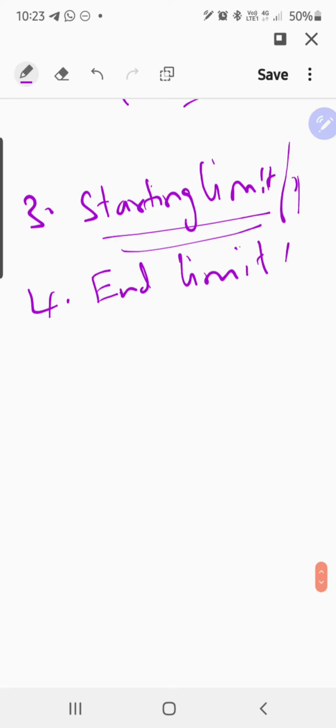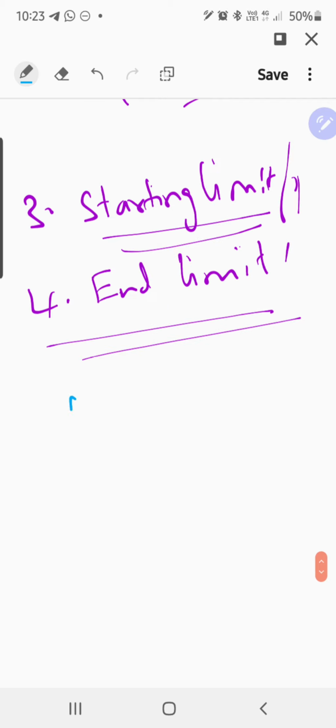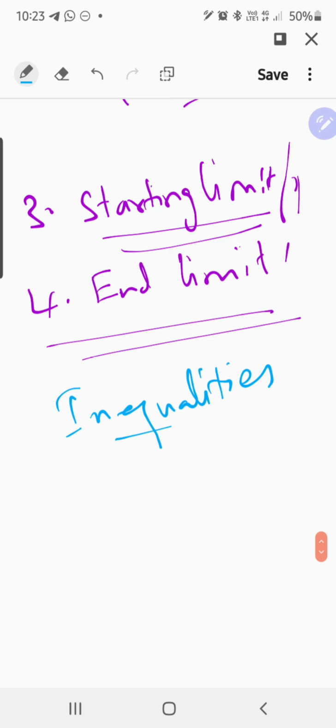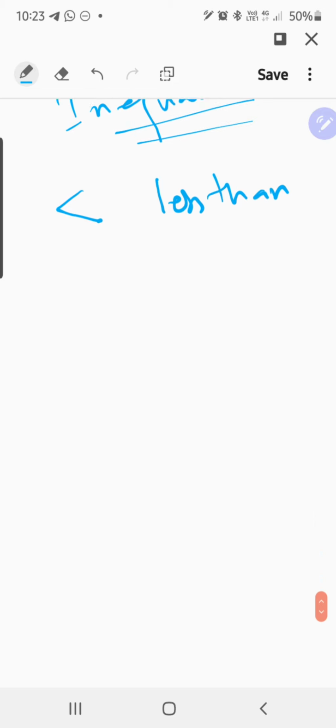For limits you have to follow a special concept that is called inequalities. Try to understand, inequalities are very important. What are our inequalities? The first inequality is called less than. How can I say this?